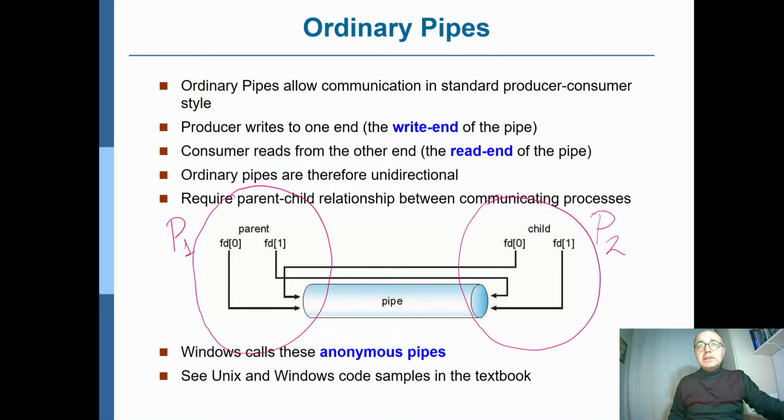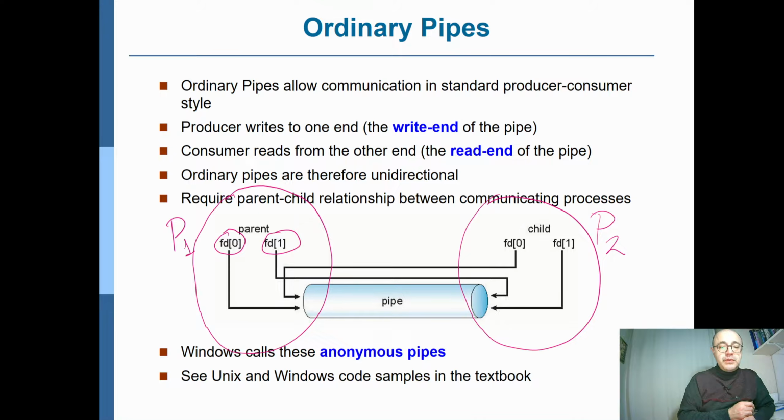In Windows systems, Windows calls these anonymous pipes, but the idea you should keep in mind is we're creating pipes typically in tuples, in twos. So we will have two handles, file descriptors 0 and 1.